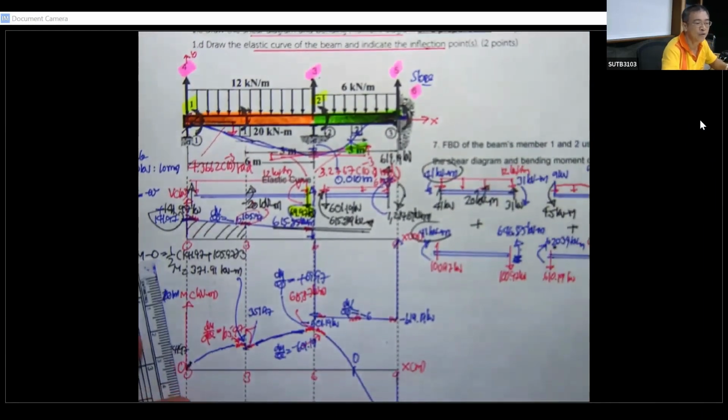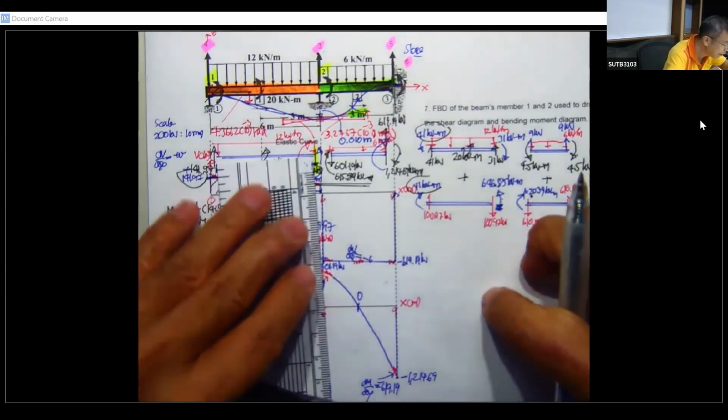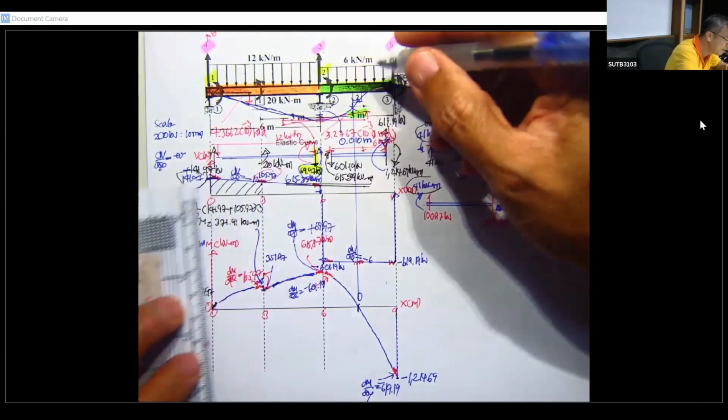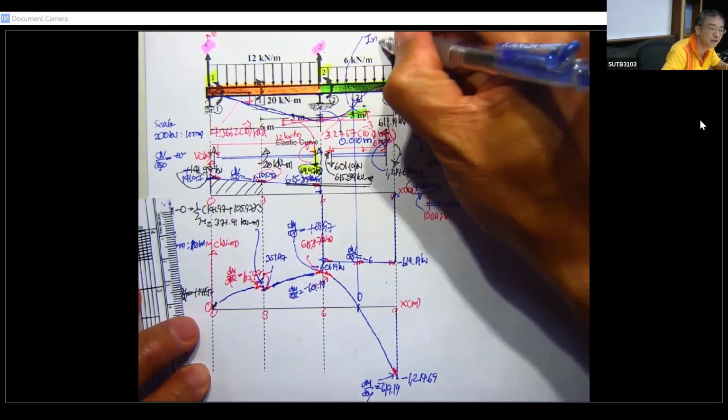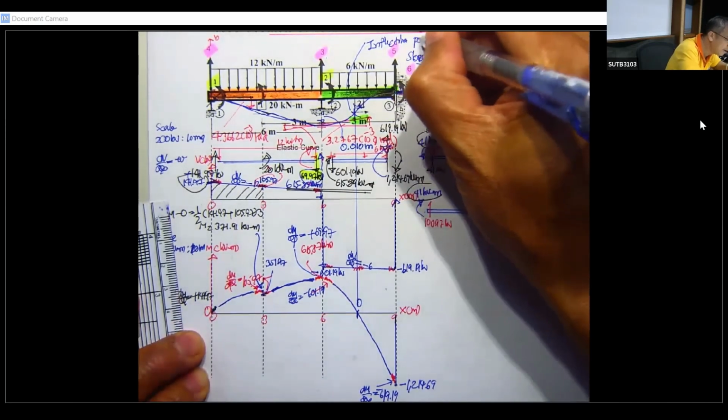Okay, and following what we have of this, you may project this and mark this point as your inflection point.